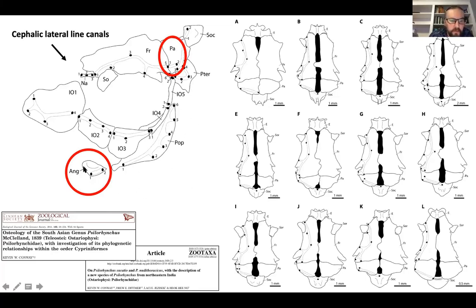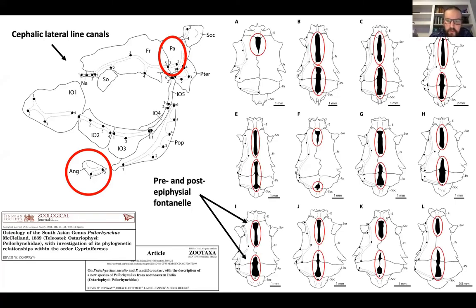In some members of the genus, there is a canal on the angular articular bone, and in others there's not. In other species, they may have a small canal on the parietal, and in others they may not. So there's variation there if you take the time to look for it.